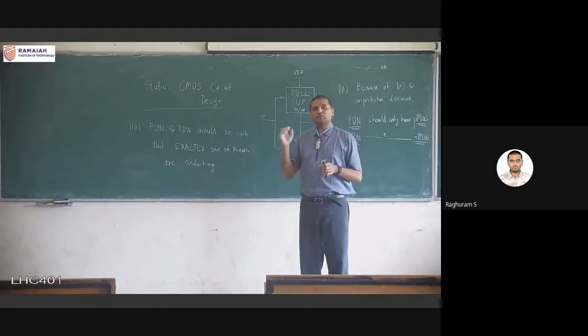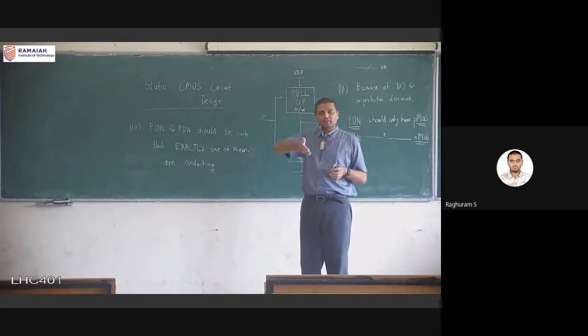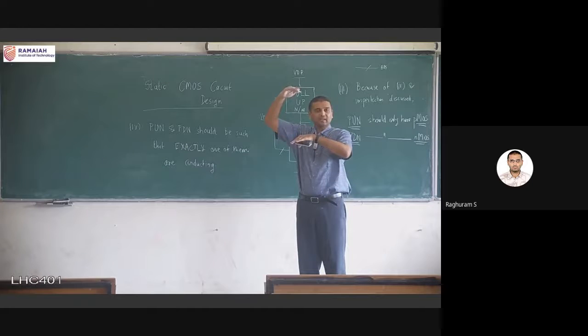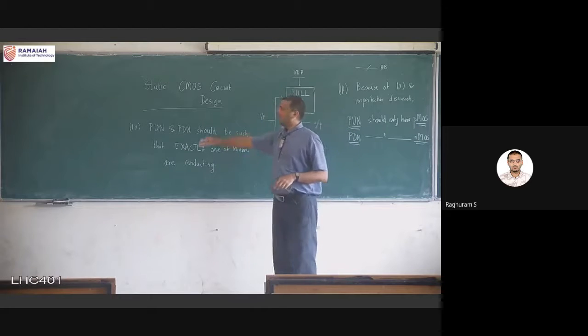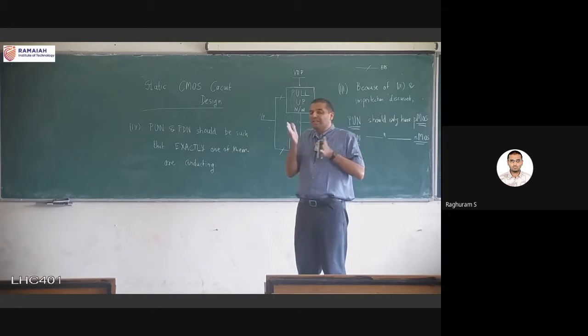Network is conducting means what are all the options? One transistor conducting, any 2 transistors conducting, or all 3 transistors conducting. That is the meaning of network is conducting. That is what we mean for the pull-up network and the pull-down network. The network is conducting means there should be at least one path.